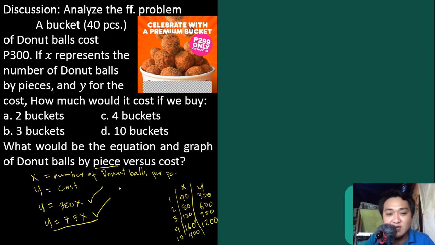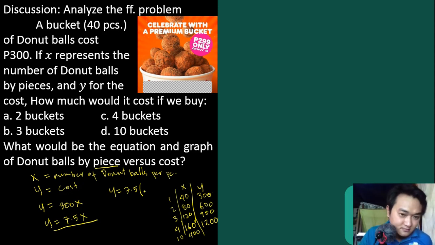So let us try kung tama nga yung ating equation, yung ating linear equation. Y is equivalent to 7.5 times kung ilang pieces. So, syempre, kung meron kang 10 bucket, by pieces, that is 400.